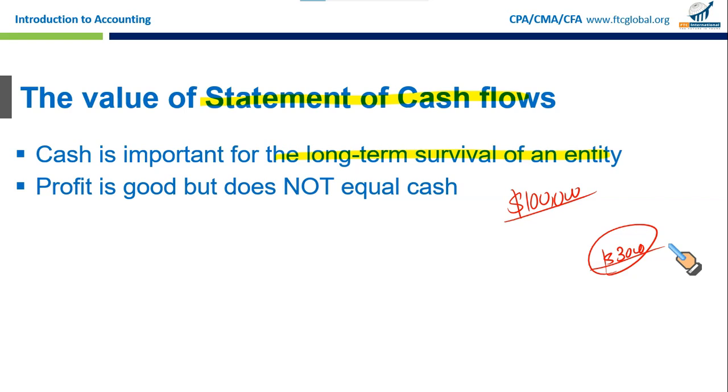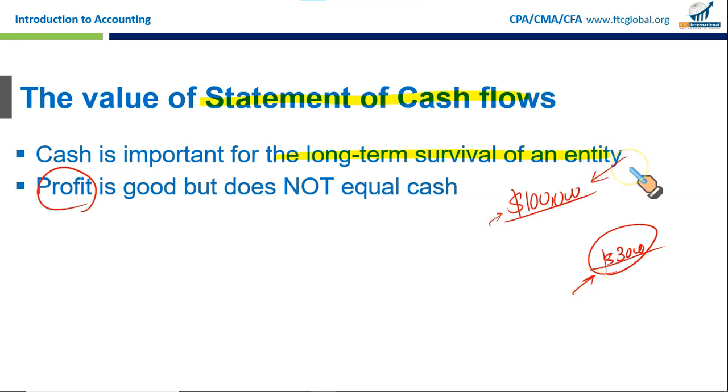So profit is good, yes, but it is not equal to cash. The reason is that profit is recognized or calculated based upon accrual accounting, means non-cash revenues, non-cash expenses. For this reason, profit of $100,000 is not equal to cash available because it is calculated on accrual basis.